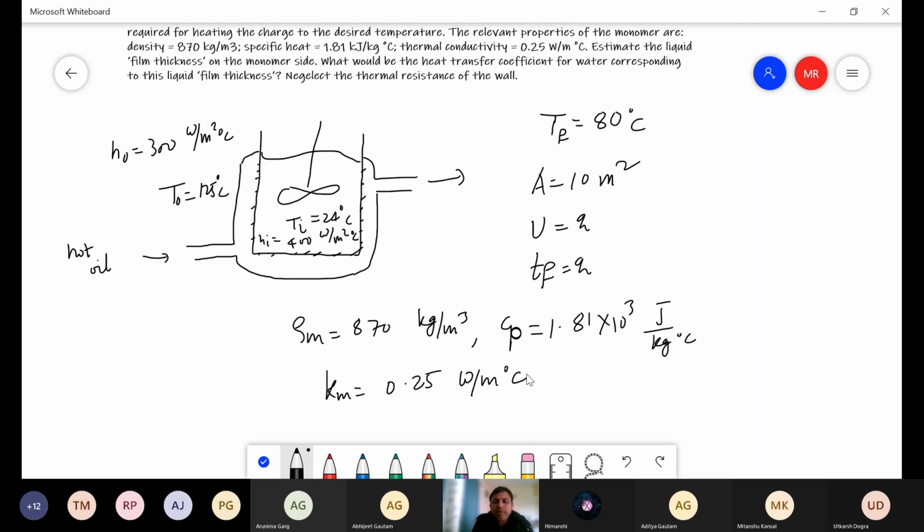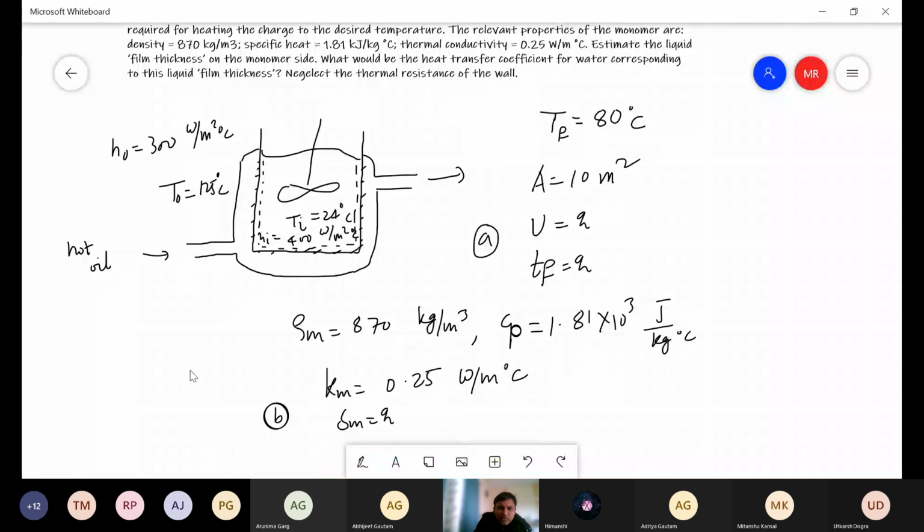Based on this, we have to estimate the liquid film thickness. Remember, the liquid is inside here, so this film thickness, delta M, we need to calculate. So this is part A, this is part B.